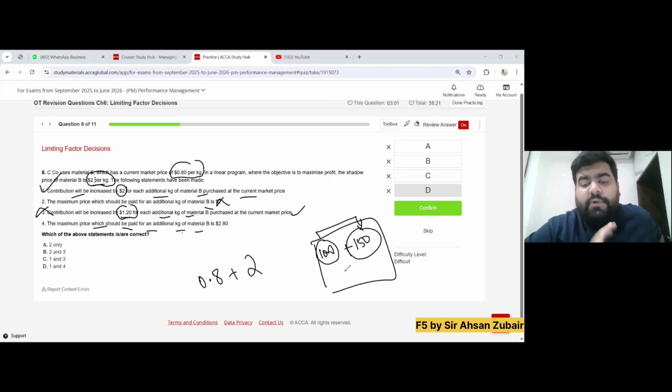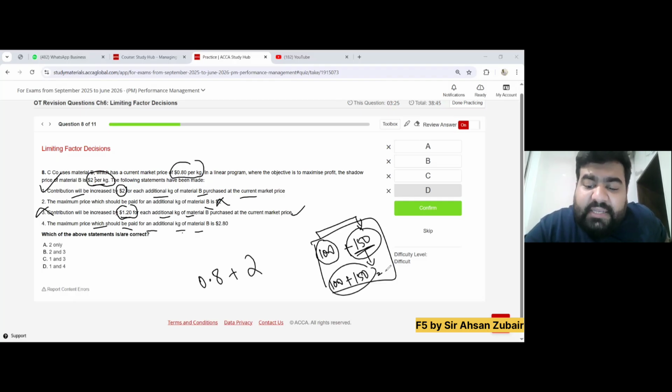So if you want that product, you can lose your contribution. Why? Because you want to meet the customer demand. So you can lose your contribution, but not more than that value. You can say, okay, I am paying 100 plus I can sacrifice my contribution, that is 150.